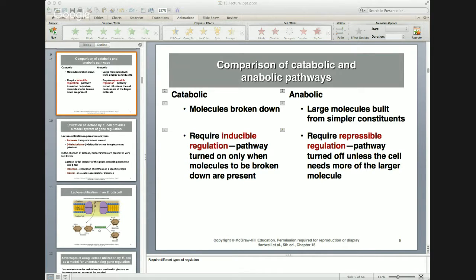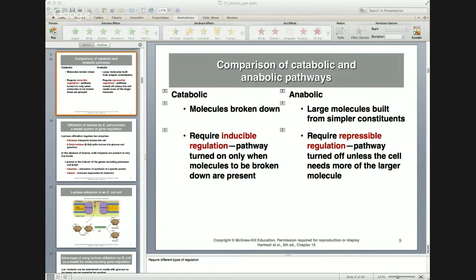So in the bacterial chromosome, in E. coli, but not just E. coli, in all bacterial chromosomes, you will find that genes occur in clusters. And these clusters of genes are expressed and regulated as one unit. This one unit is referred to as an operon.